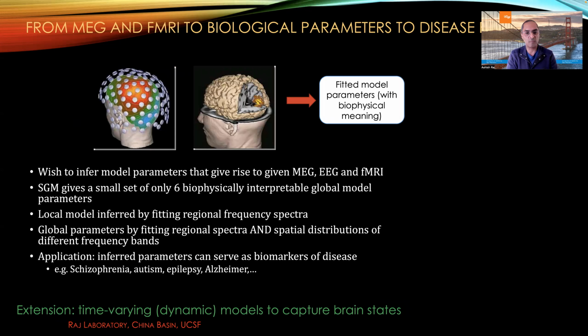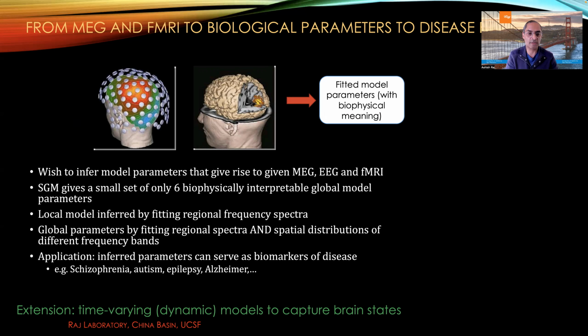Because the spectral graph model is very parsimonious, it has only 6 biophysically interpretable global model parameters with no local variation unless you want to add them. It is able to fit to brain states and to disease states. And if we're able to do this successfully, these global model parameters might then become biomarkers of disease.